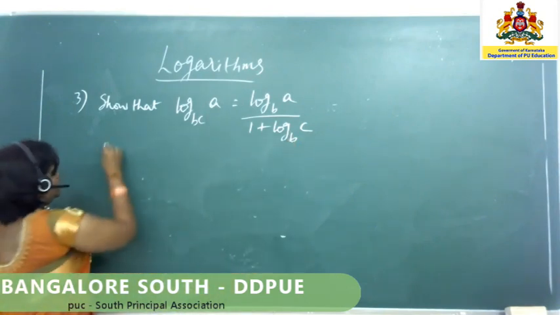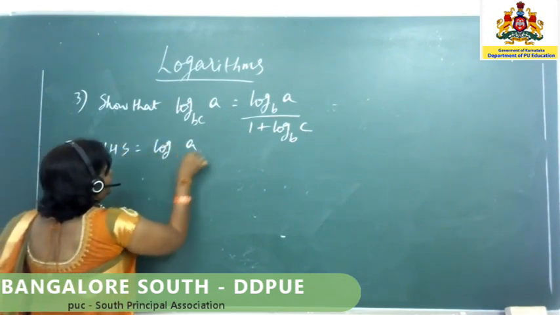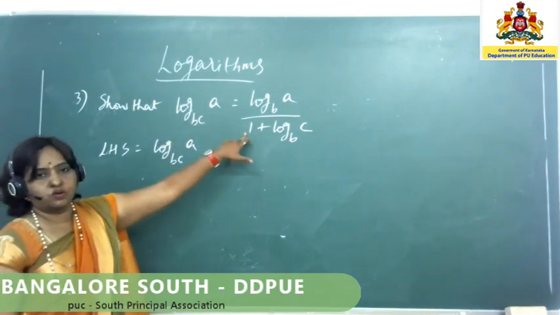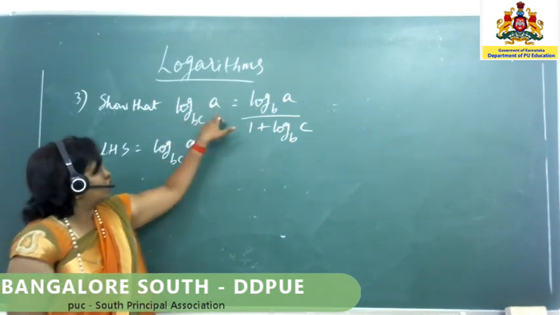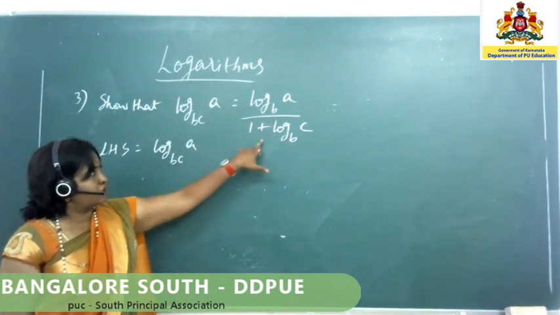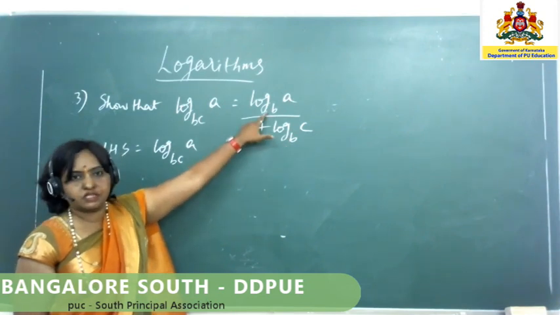Here consider LHS. LHS is equal to log a to base bc. So just check here, what should you prove? You should prove it as log a to base bc is equal to log a to base b divided by 1 plus log c to base b. So the base in the RHS is b.